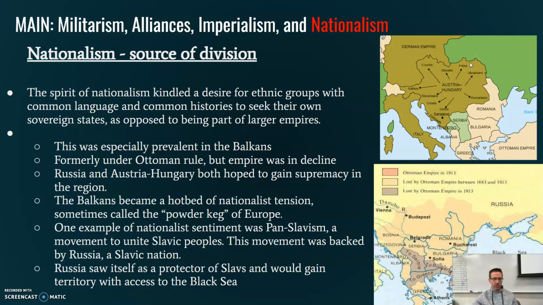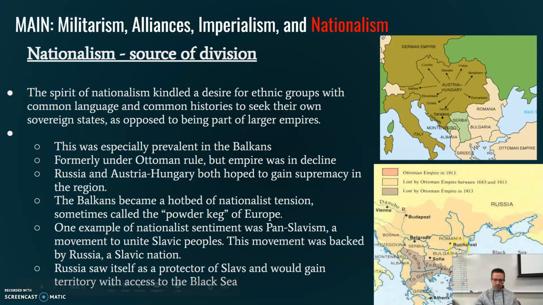It's different. It's a source of division because nationalism is more about the nation of people than it is the country and government, okay? So it desired ethnic groups in Austria-Hungary that had a common language and history to seek their own sovereign state as opposed to being part of a larger empire, okay? So we see this again, this is the Balkans area, all right?